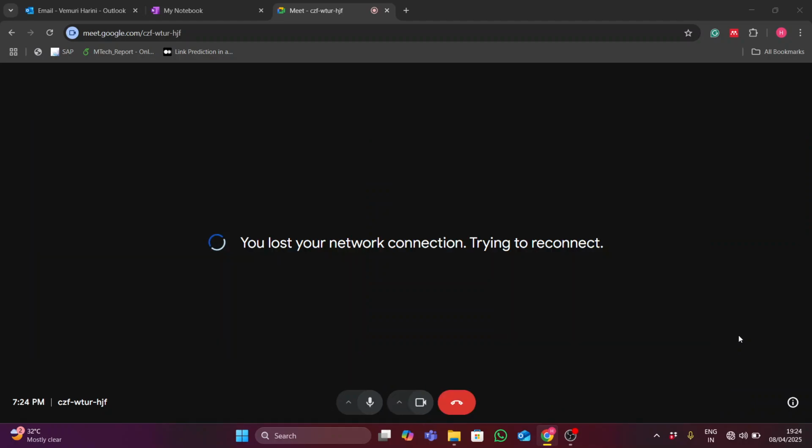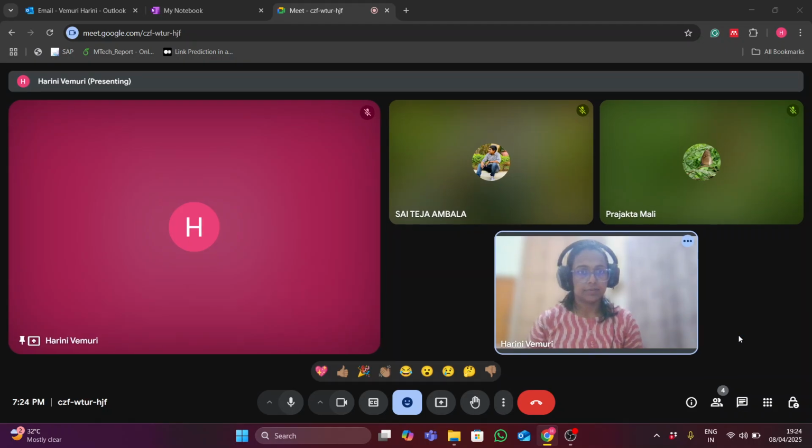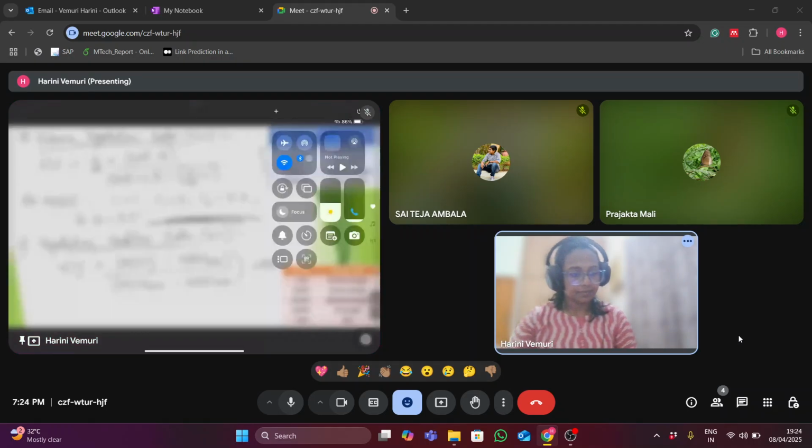There is a power cut. Just let me connect to the hotspot. I hope everyone can see the screen.